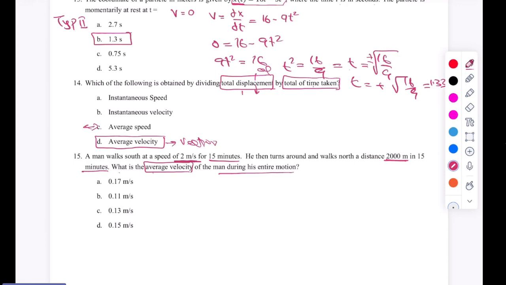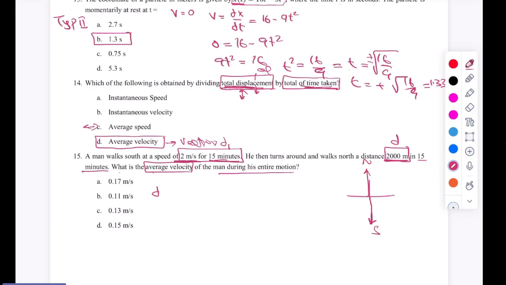So average velocity is your total displacement divided by the total time. So it moves south and then moves towards north. So for this, how to calculate distance? This is d1 and this is your d2. Okay, so in 15 minutes and in 15 minutes.